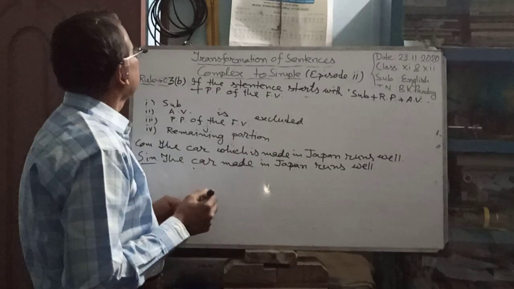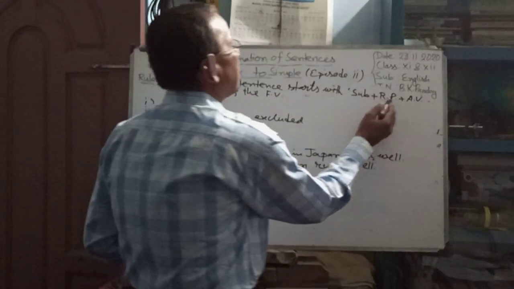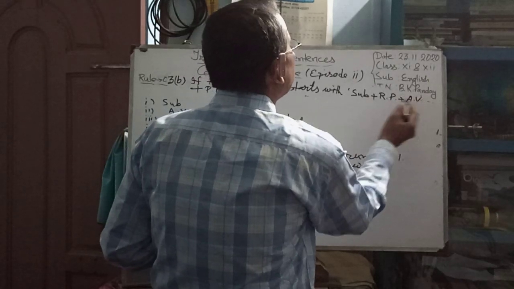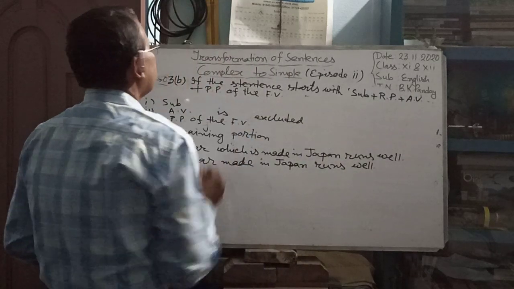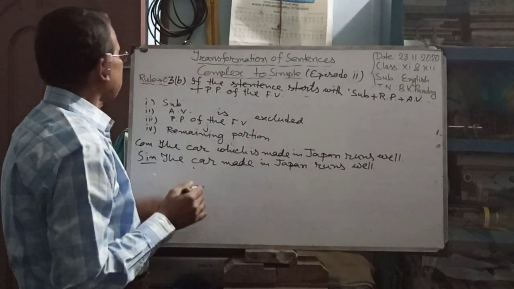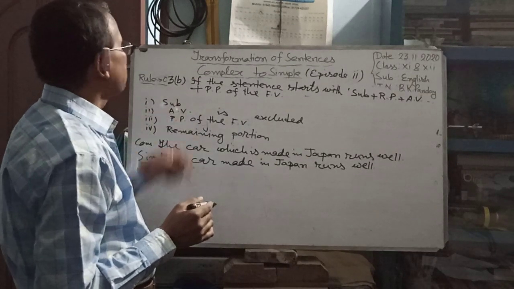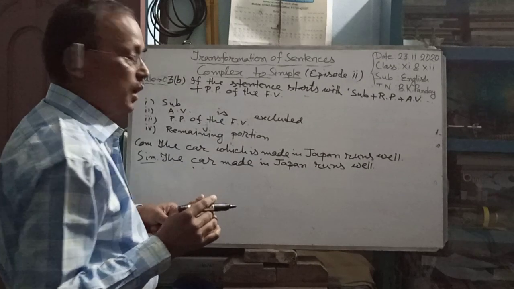Rule number 3b. If the sentence starts with subject plus RP, that means relative pronoun, then auxiliary verb, then past participle form of the finite verb, we have to use subject, then auxiliary verb is excluded and other portions are same.